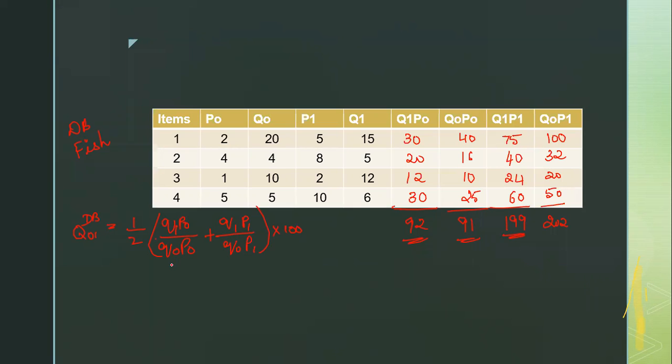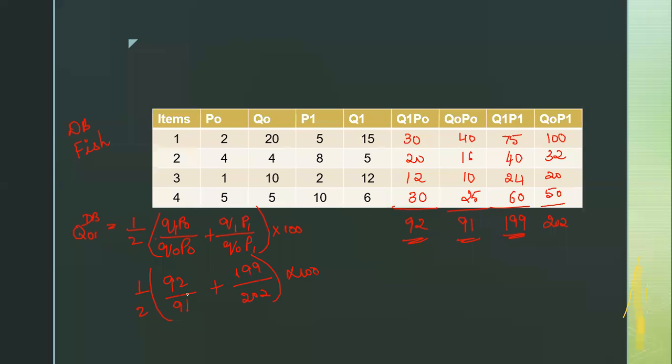Okay, now apply the values. Q1 P0, what is the value? 92. So half, 92 divided by 91, plus 199 divided by the Q0 P1 value, 202, into 100.